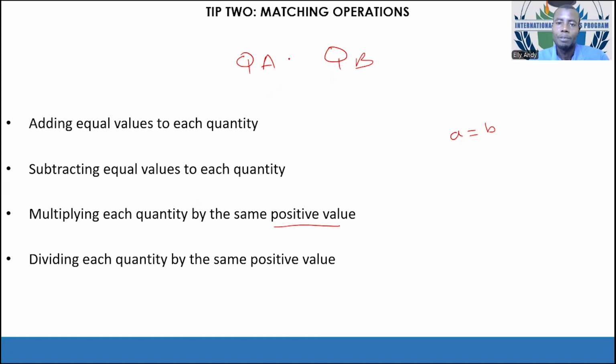The same, if doing matching operations for quantitative comparison questions, and you want to do division, also only deal with positive values. For example, you can divide quantity A with positive 2 and quantity B with positive 2, but not with a negative, because that will also alter the fundamental relationship between the two. Now, let's look at some specific examples and see how we can do them very fast using what we have just learned.